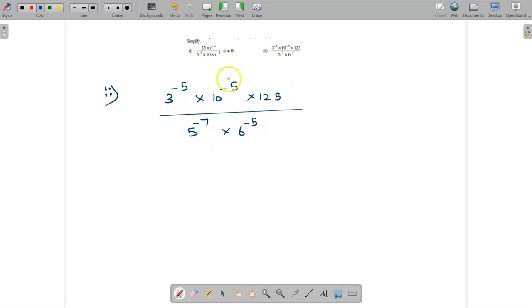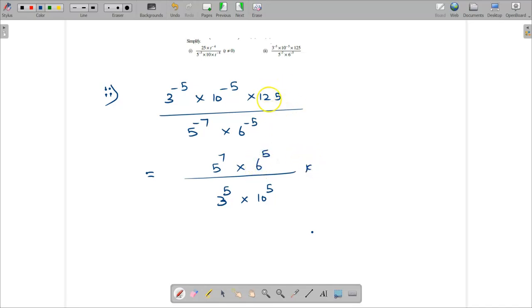Here also, first let us convert the negative powers into positive powers. 3 power minus 5, when it goes to the denominator, becomes 3 power 5. 10 power minus 5 becomes 10 power 5 in the denominator. 5 power minus 7, when it goes to the numerator, becomes 5 power 7. 6 power minus 5 becomes 6 power 5.